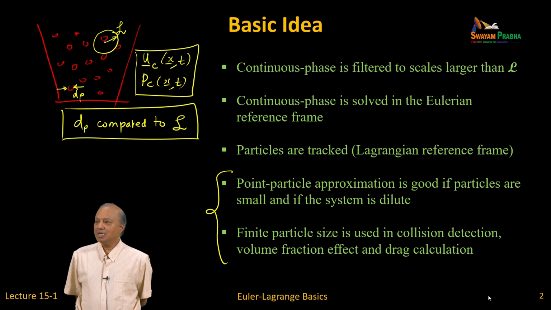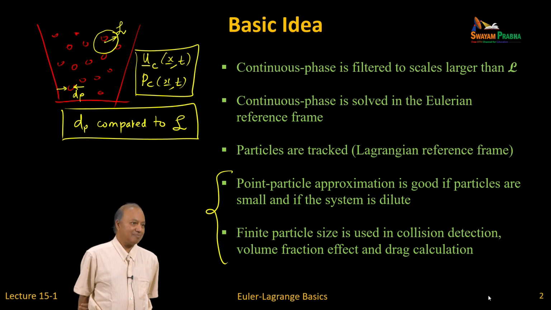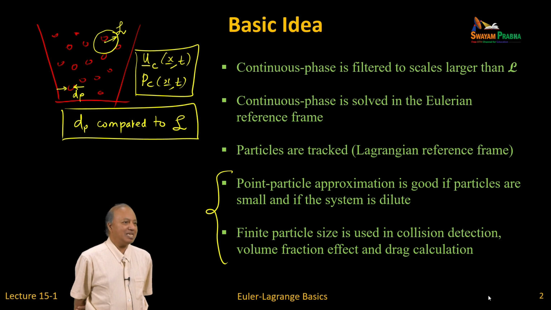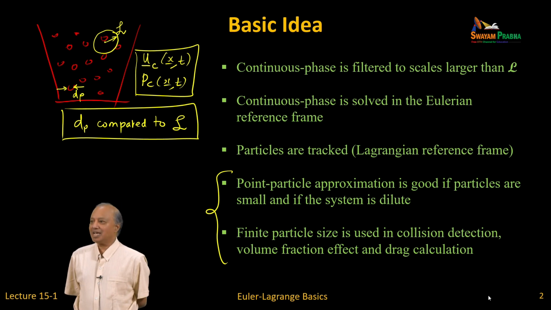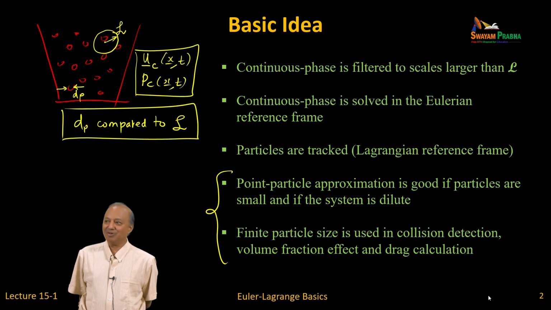You can solve it everywhere, including the space occupied by the particles. And if the space occupied by the particles is large, then you would have to explicitly use phi c, the volume fraction of the fluid, because you have to take care of the fact that your fluid is not over the entire cell, it's only over the fraction of the cell.